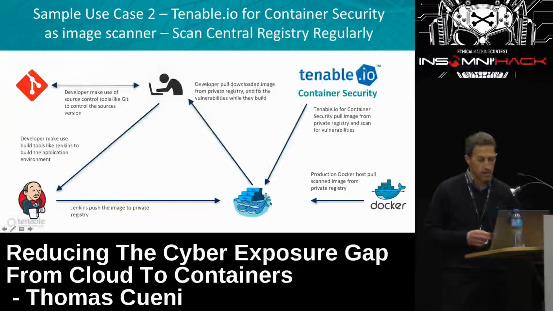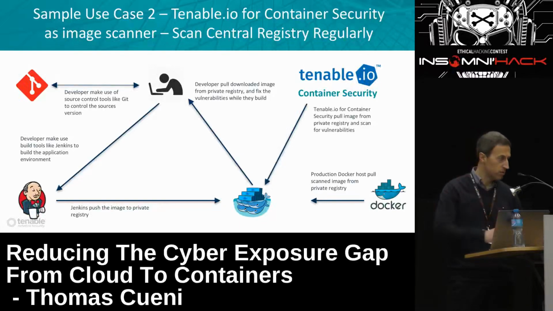That could also be the case. And the workflow would then be that we have scripts in place which periodically pull, or which on demand pull new container images from the respective registry back into the Tenable IO registry, where we execute the necessary security checks and provide the result of the security checks back into, for example, Docker Hub here at the bottom.